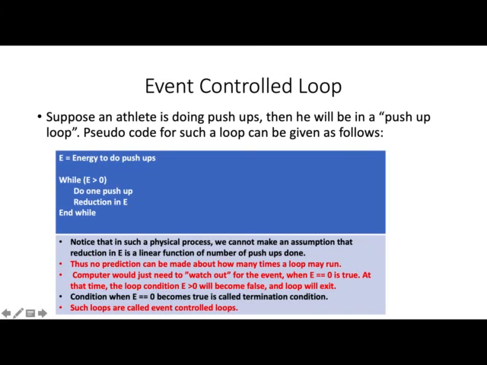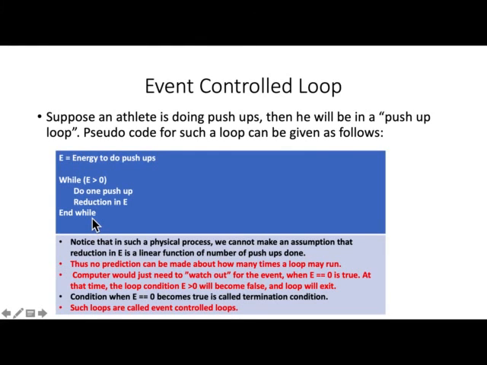Sometimes it might increase, but at least at some point you will start to see some reduction in E. And this push-up loop will keep going until E has become 0. Then 0 greater than 0 will be false, and that's when you exit the push-up loop.